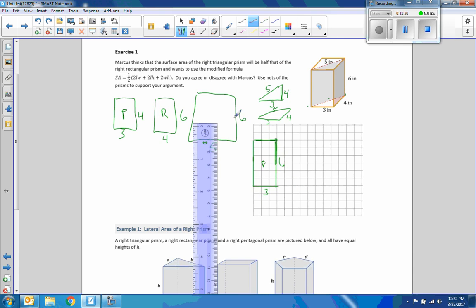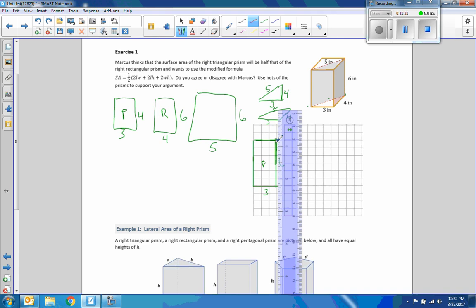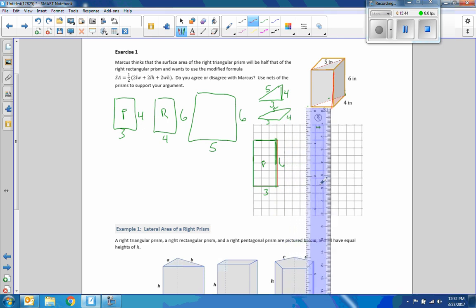Okay. Now I'm going to switch colors, and now I have a 4 by 6. So if I go and draw a line here, that's the edge right here. And then I'm going to go over 1, 2, 3, 4. And draw a line that's 6 long.